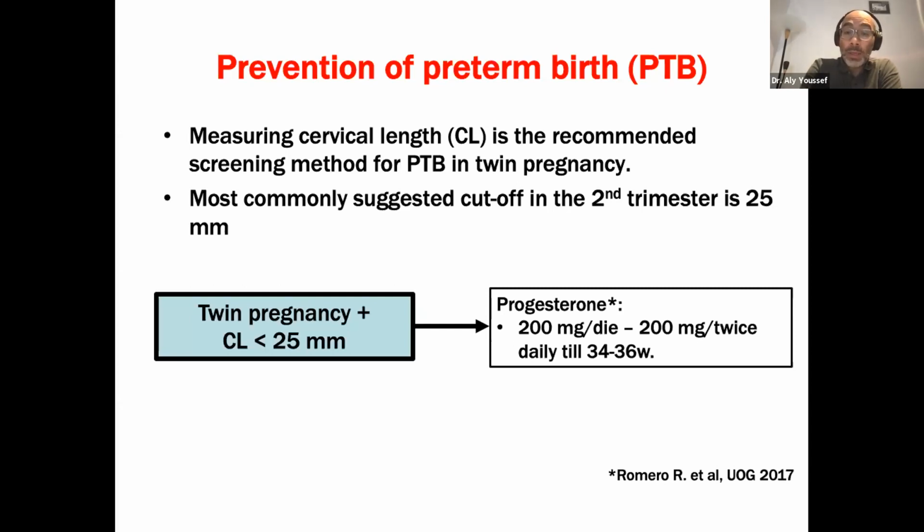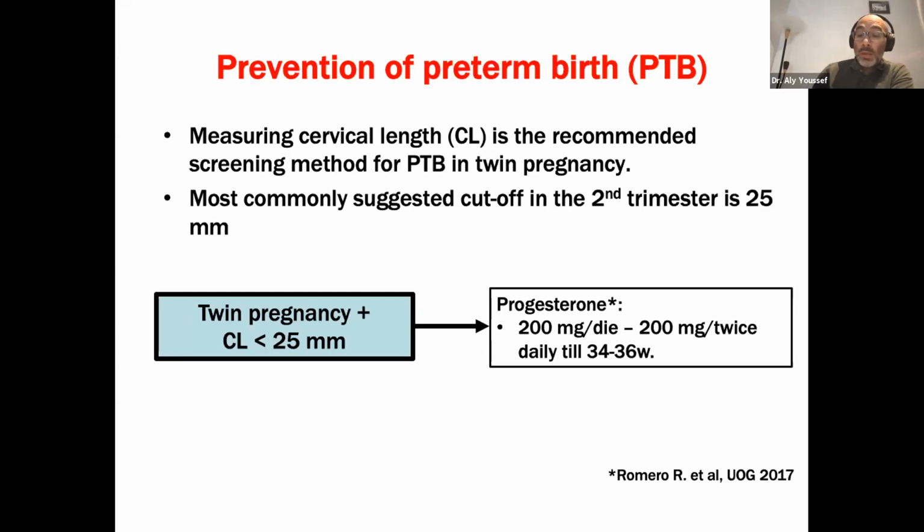And a recent meta-analysis concluded that if you have a twin pregnancy and cervical length less than 25 millimeters, progesterone, either 200 milligrams per day or once or twice per day, till 34 to 36 weeks, slightly reduces the risk of preterm birth.